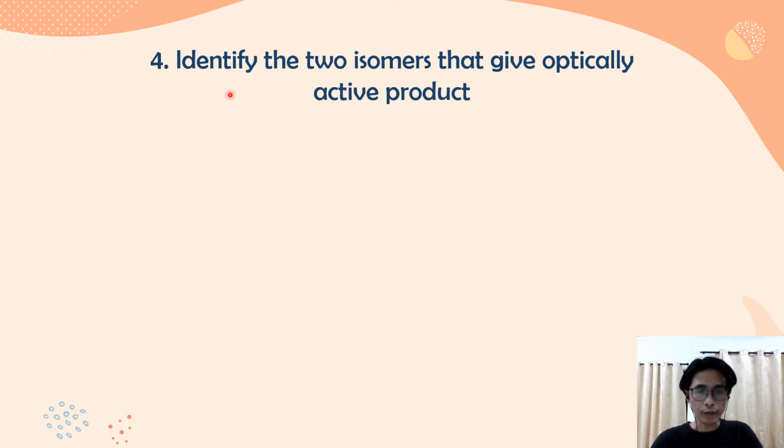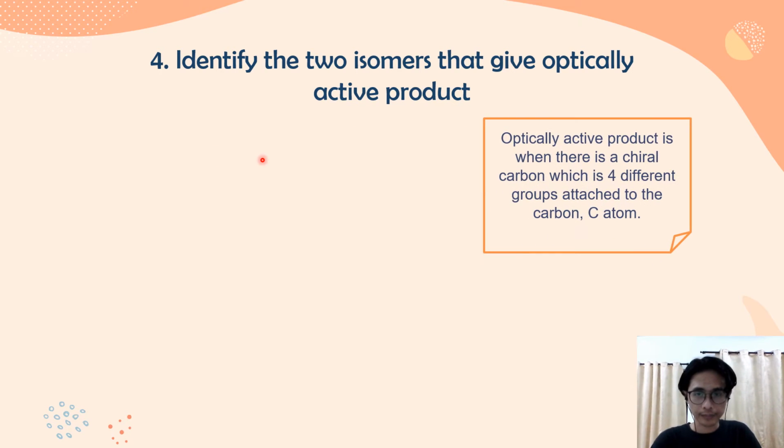So another part of the question is that it asks us to identify the 2 isomers that give an optically active product. So an optically active product is when there is a chiral carbon which has 4 different groups attached to the carbon atom.